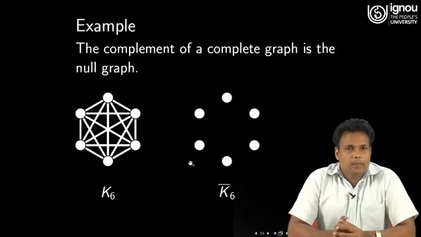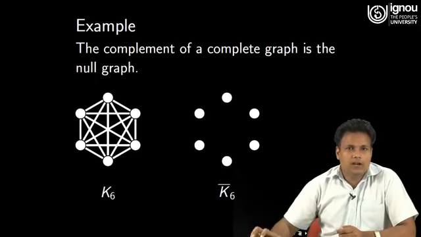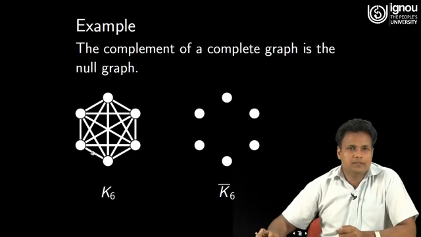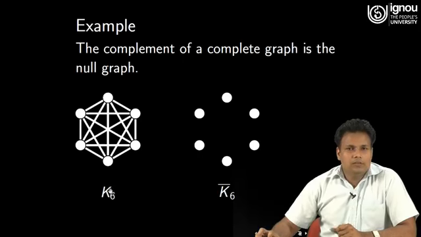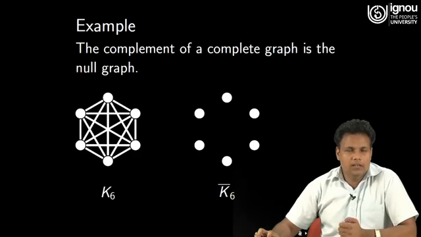For instance, just look at this graph K6 shown here, the complete graph on 6 vertices. It has 6 vertices and 6 choose 2 edges, which is the maximum number of edges in any simple graph on 6 vertices.